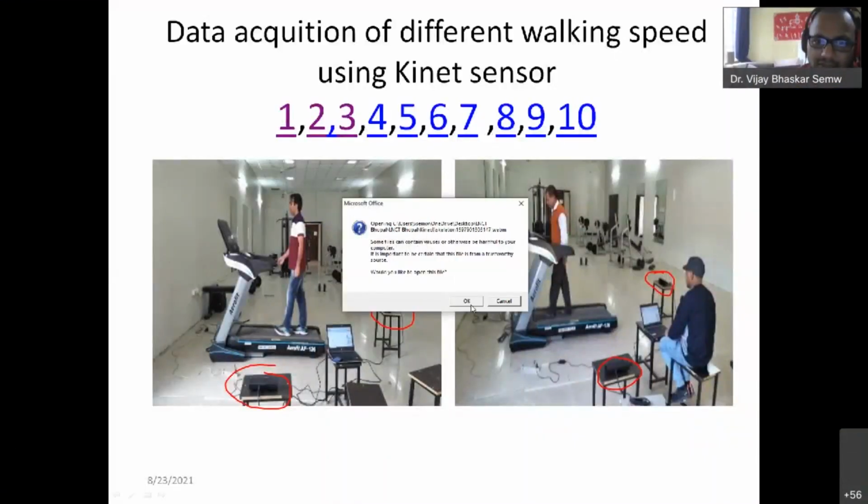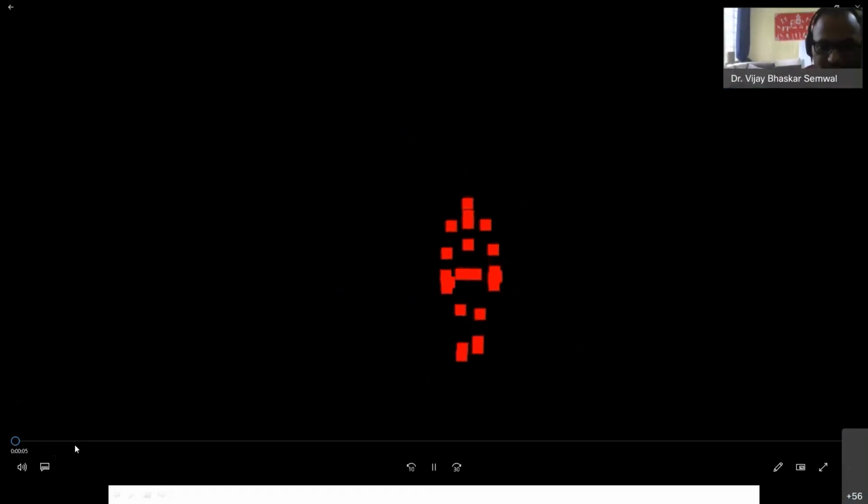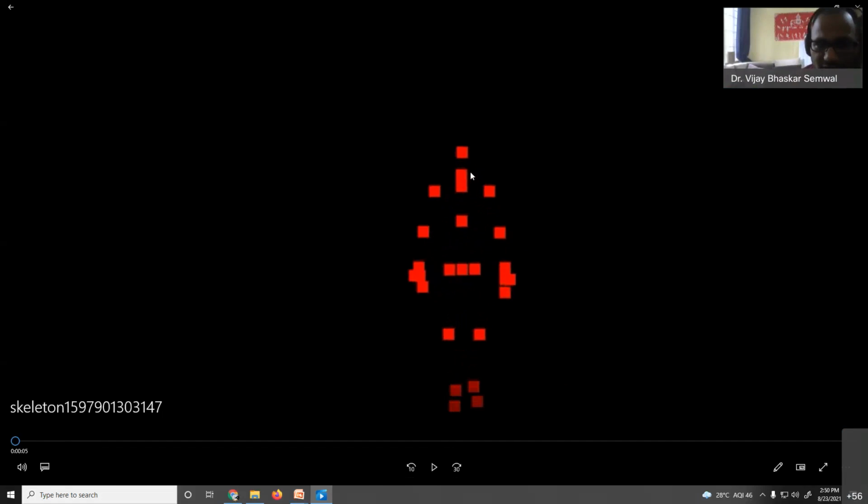And now this is what the camera has produced: it has given the skeleton. There are 25 joints in the human body, and you can refer to this diagram. These red dots show the joints available in a human. By default, these joints are extracted as a pattern of joints, and you can analyze the joints.